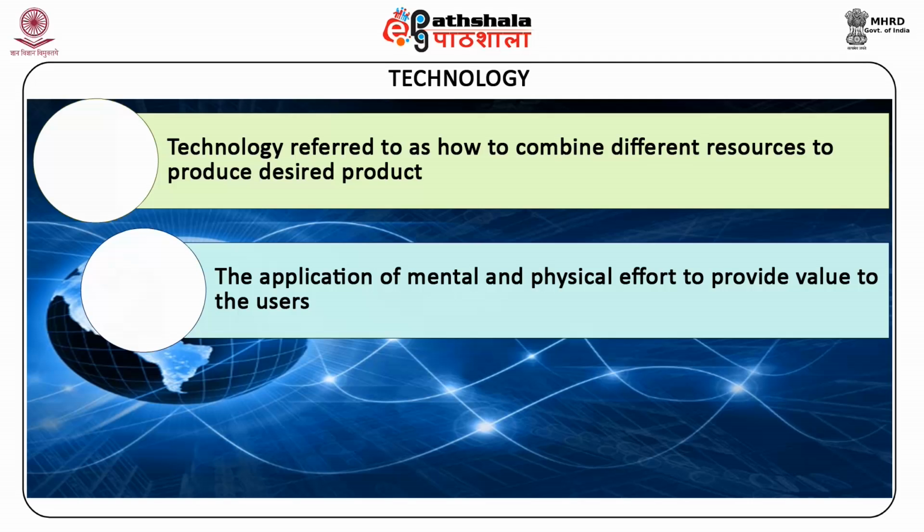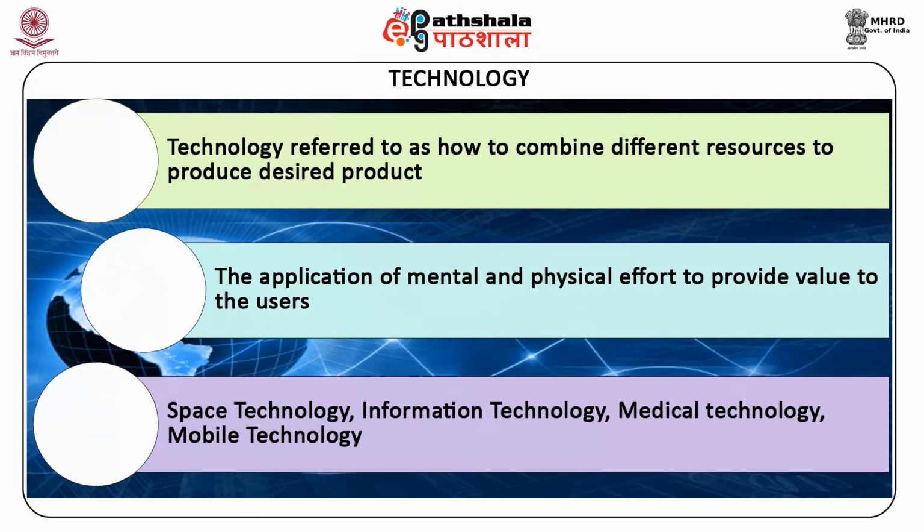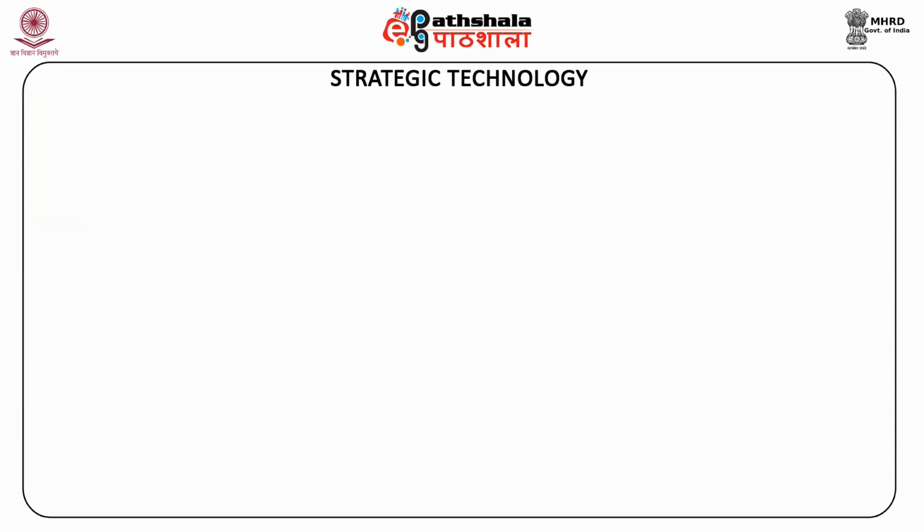When combined with other terms it defines different types of technology, such as space technology, information technology, medical technology, mobile technology. Technology may be used to define a specific field of technology or in reference to high-end technology such as consumer electronics.